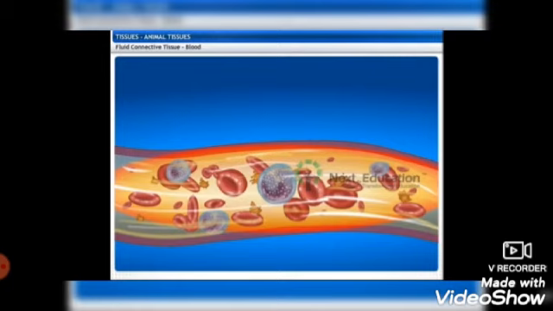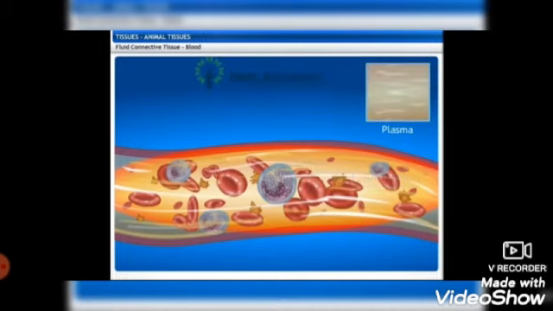Blood is a type of fluid connective tissue. Blood has a liquid part called blood plasma, which contains water, minerals, salts, proteins, and hormones.